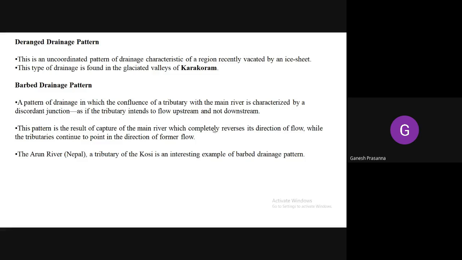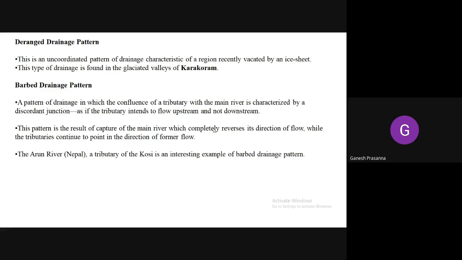Next is the barbed drainage pattern. This is common in places where the confluence of a tributary with the main river is characterized by a discordant junction, as if the tributary intends to flow upstream and not downstream.